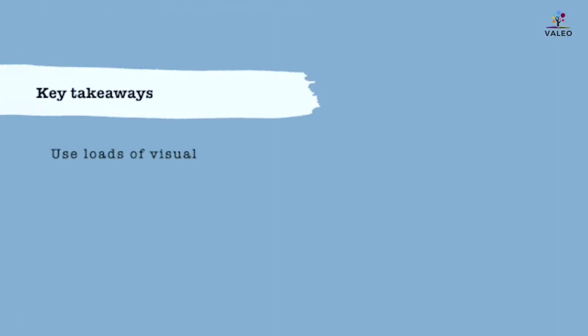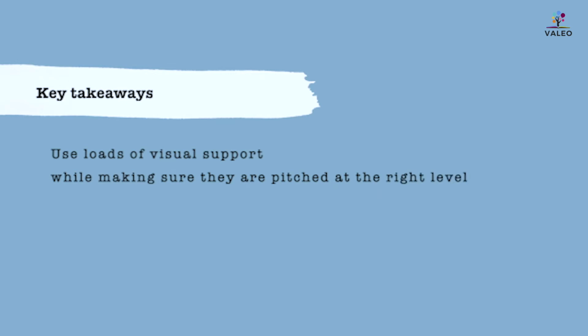Yeah, absolutely. So I think one of our key takeaways overall is think visual, as many visual supports as possible. But like you said, Allison, earlier, just making sure that they're pitched at the right level so that they can be understood.